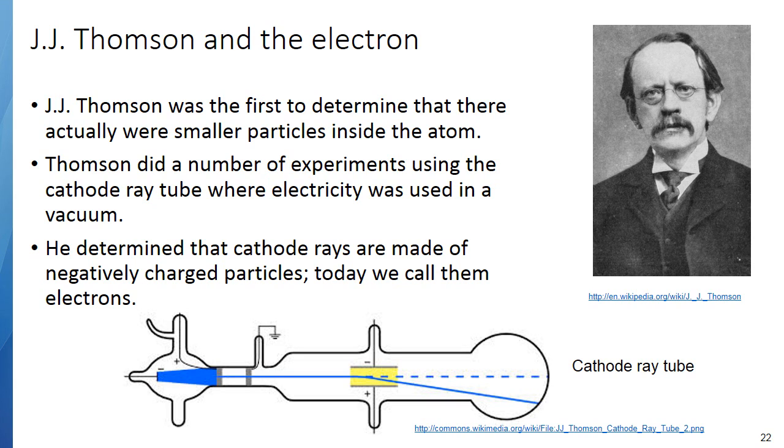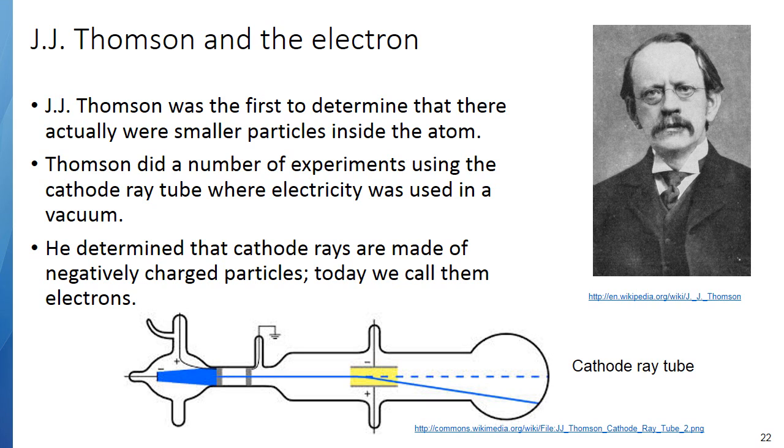The original televisions were cathode ray tubes. Anyway, in a cathode ray tube, you connect electrical current to a piece of wire or some kind of element, and when that happens, a stream of particles is given off of that metal, and that is a cathode ray.